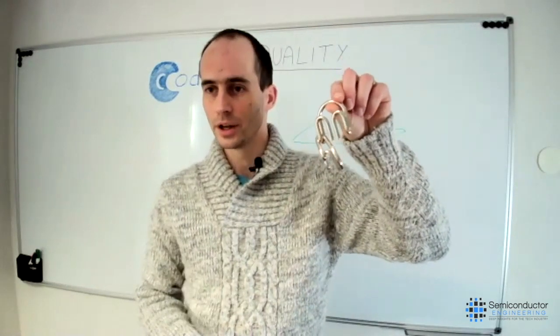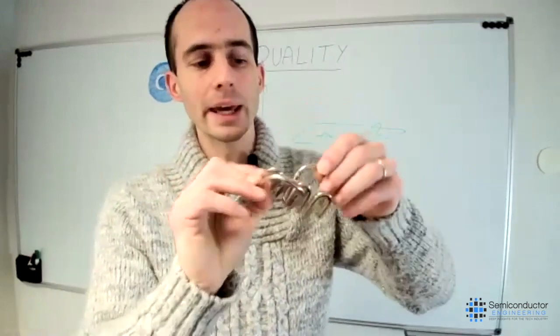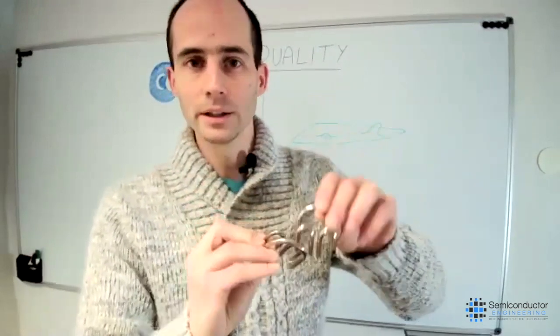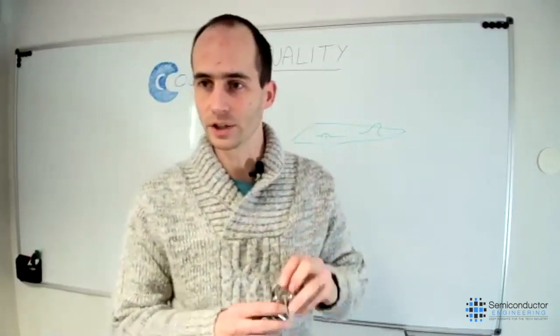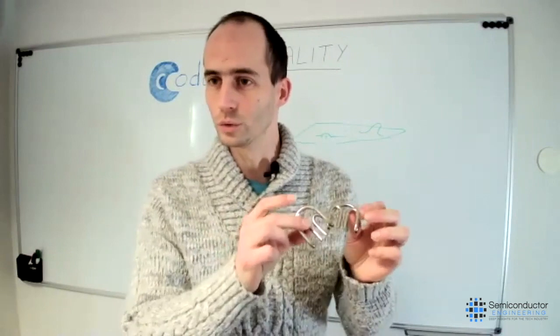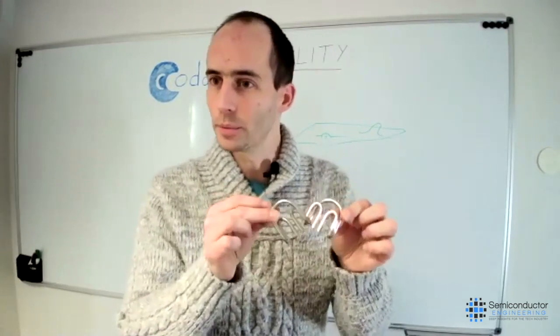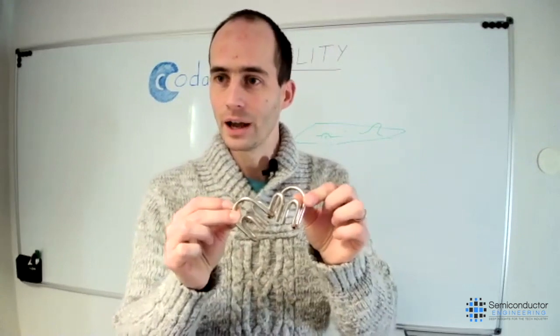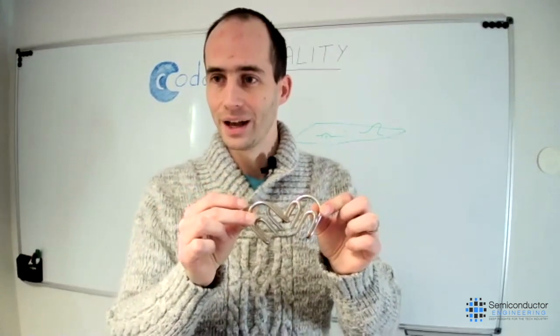And I love to illustrate it with this kind of brain teaser. You have two things like this, and they're stuck together. If you give that to some young engineer in verification, we all know it's a brain teaser and there is a solution to break it, so we can say there is a bug in this design because there is a way to detach them.